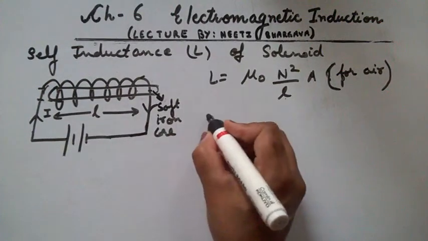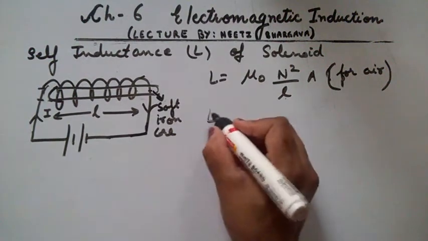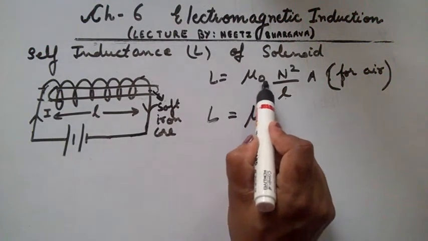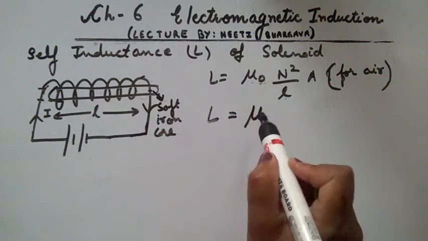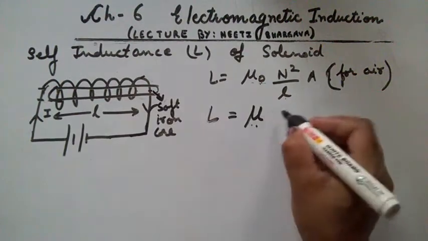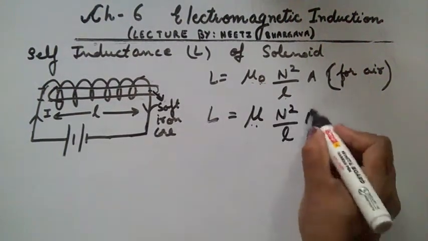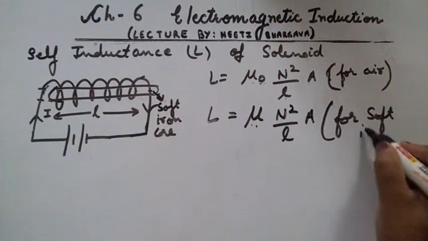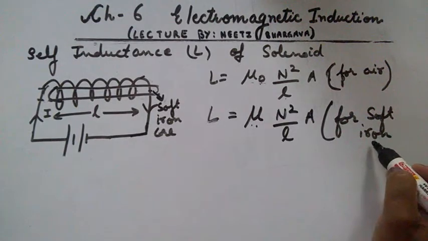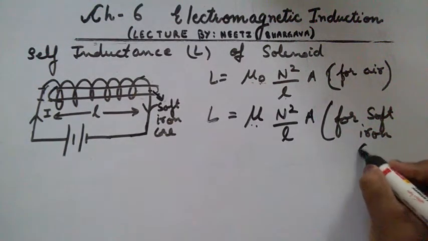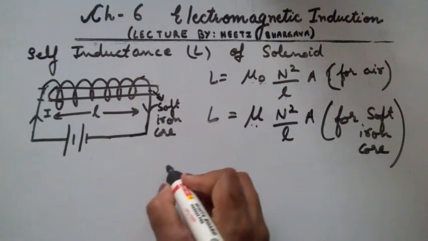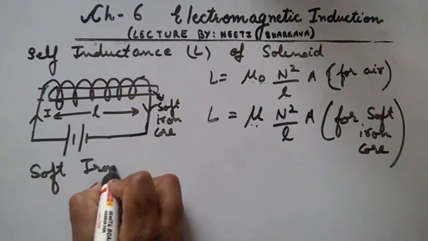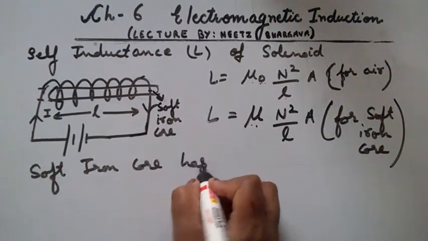Therefore, for a soft iron core, when air is filled then it is for free space, and when a medium is there, then L equals mu into N square by l A. And an iron core has very high relative permeability.